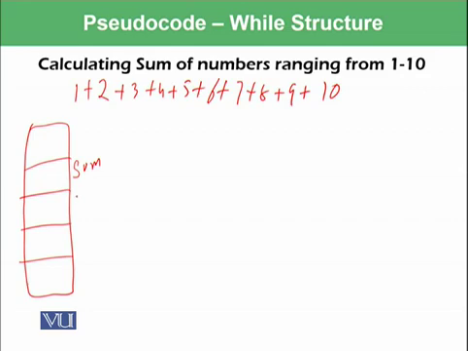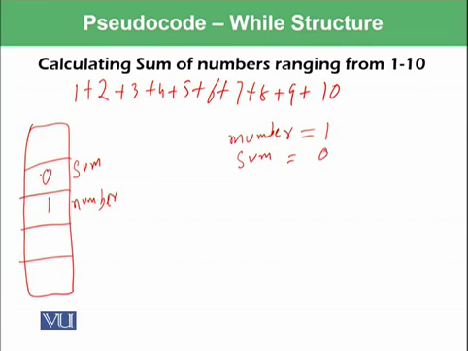And we have the first number, which is initially 1. So we can write the pseudocode like this: number is assigned 1, and this statement will make it 1 in this memory location, and sum is assigned 0.